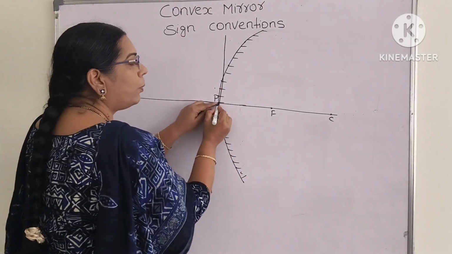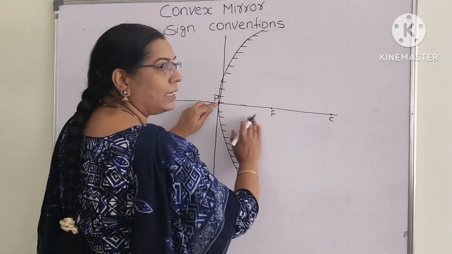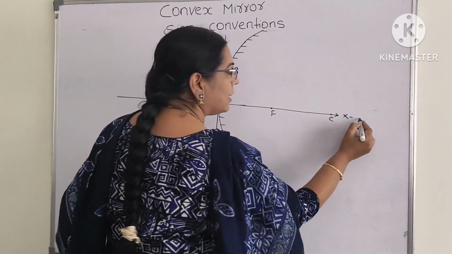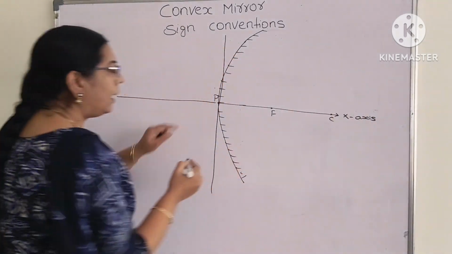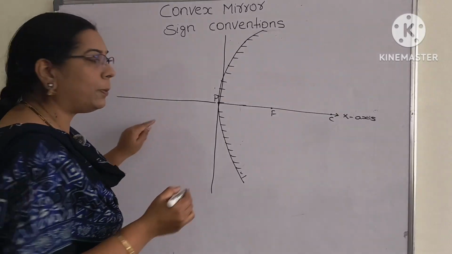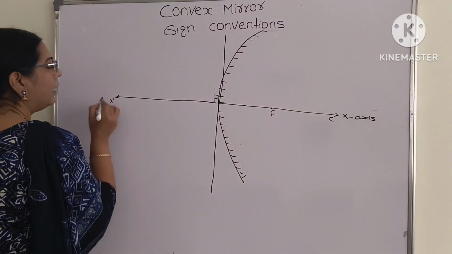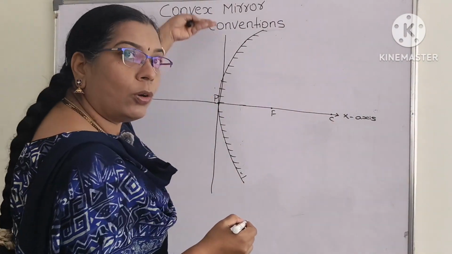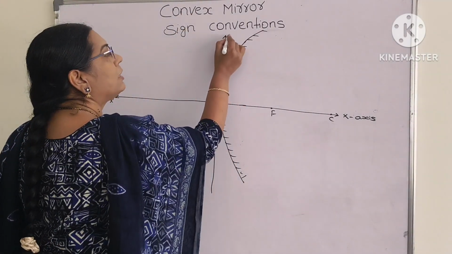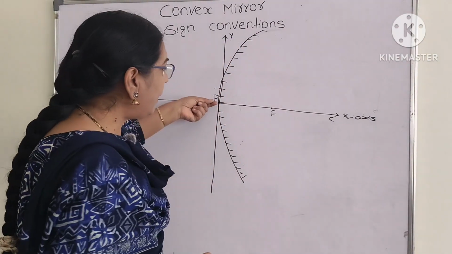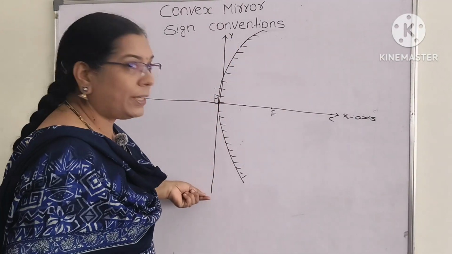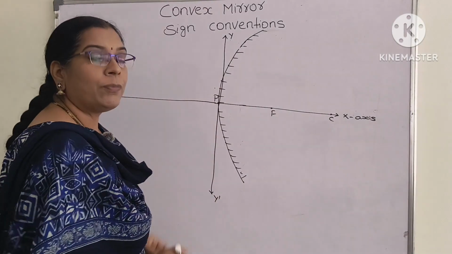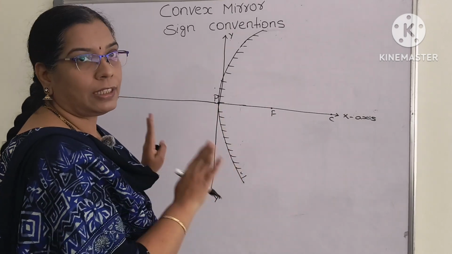From the pole, the line on the right side of the principal axis is considered as positive x-axis, and the line from the pole to the left is considered as negative x-axis. The line above the principal axis is considered as positive y-axis, and the line below the principal axis is considered as negative y-axis.